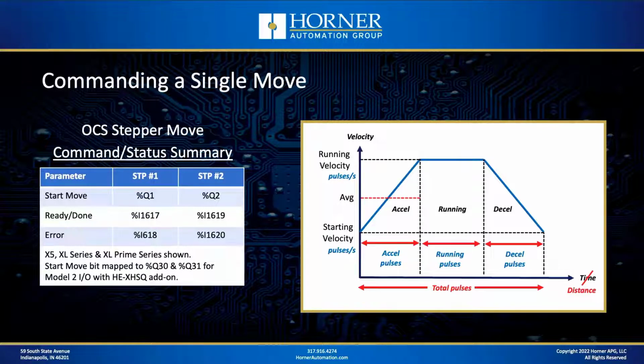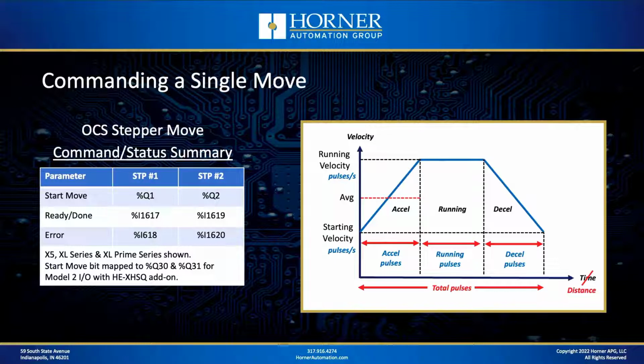And then if for whatever reason you don't specify your move parameters properly, your velocities and your distances, then you could see the second bit turn on, I1618 for stepper 1, and that's an error bit. That basically tells you that the parameters you've set for your move are illegal, they won't work. Or it could mean that your move was interrupted. So maybe your start move bit, let's say Q1, was turned off before the move was completed. You'd also get an error in that scenario as well.